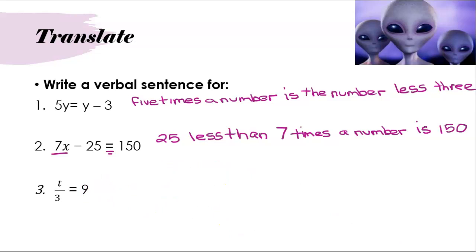You could say the quotient of t divided by 3 equals 9. Or the quotient of a number and 3 equals 9.